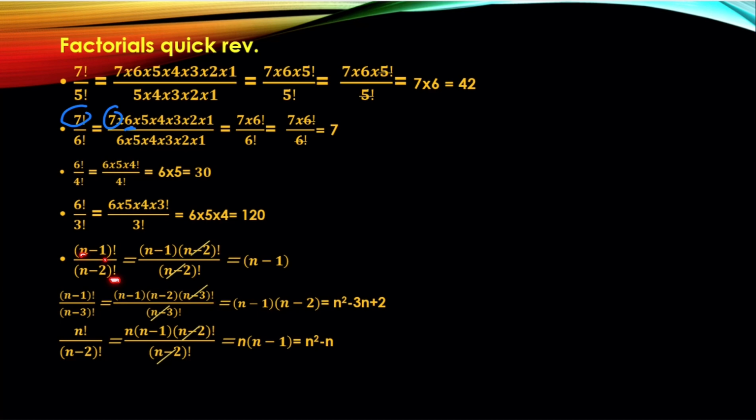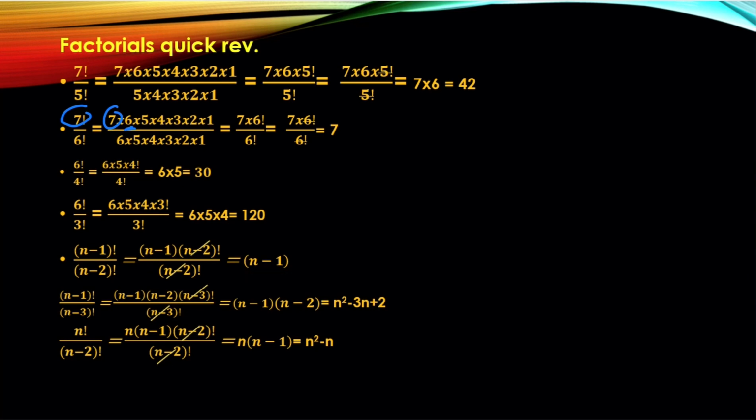So which one is bigger, n minus 1 or n minus 2? Of course, n minus 1 is bigger than n minus 2. So I have to expand n minus 1 until I reach n minus 2, and immediately I reach n minus 2 factorial. This one will cancel this one, so we'll end up with n minus 1.